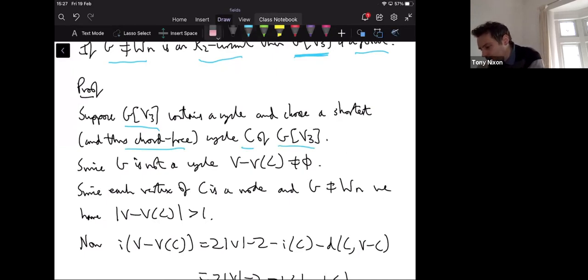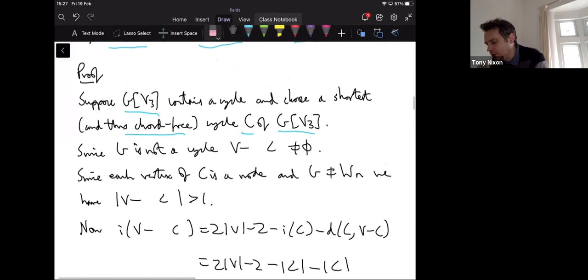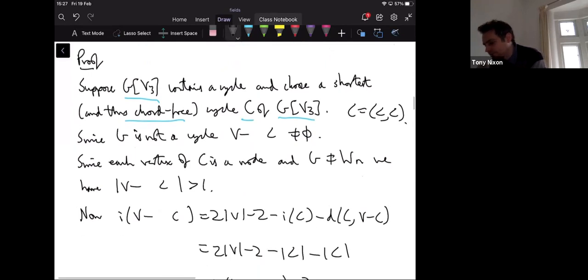Oh, and sorry, I forgot to make a little correction here. For lazy reasons, I want to use C for both the vertex set and the edge set of the cycle. So apologies for that, but you could write out V of C and E of C if you like, but I'm just going to use C for both the vertex and edge set. So G itself is not a cycle.